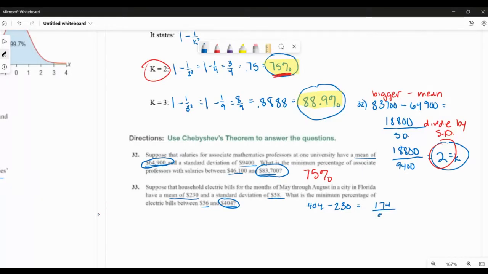Then we're going to divide by our standard deviation, and we should get 3 there. So that's K. If K is 3, my answer is 88.9.